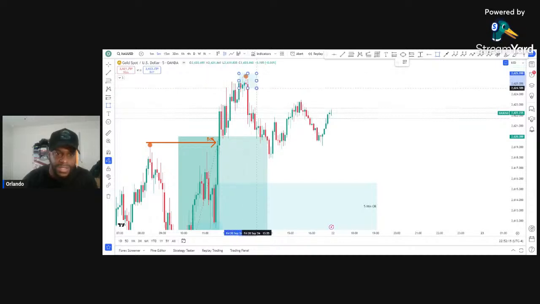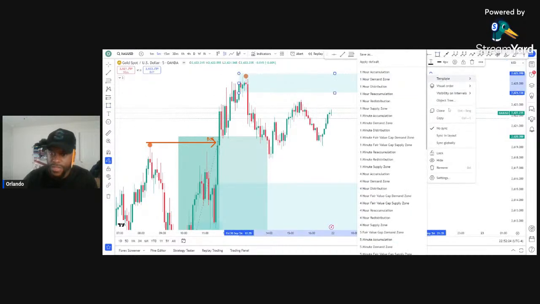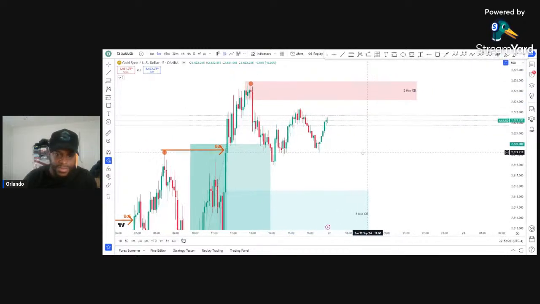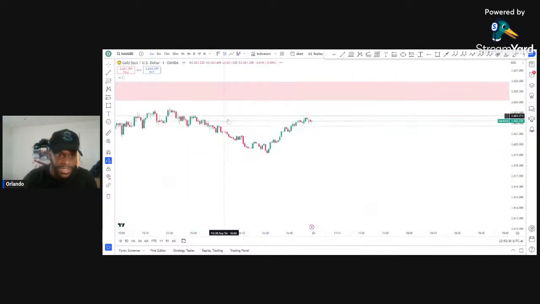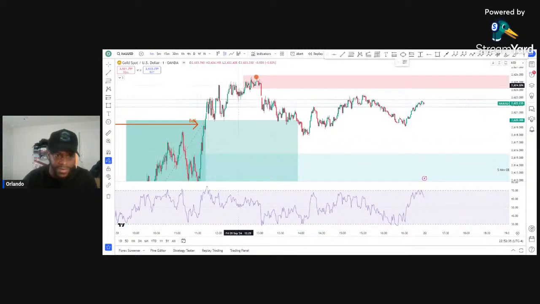This is a supply zone, and I'll zone it off. Okay, cool. This is a supply zone. You can see it better on the M1, how the market did what? Diverge and change character.